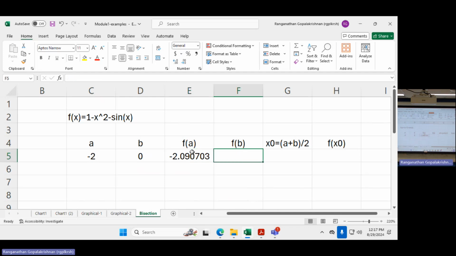What is f of B? Just copy this formula, paste it one cell to the right. With me so far?